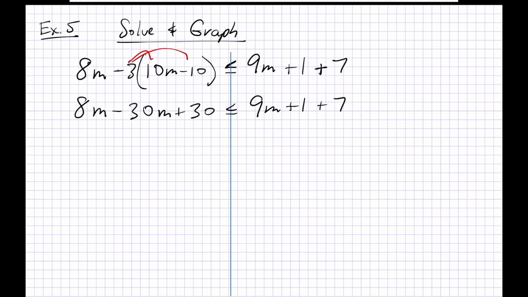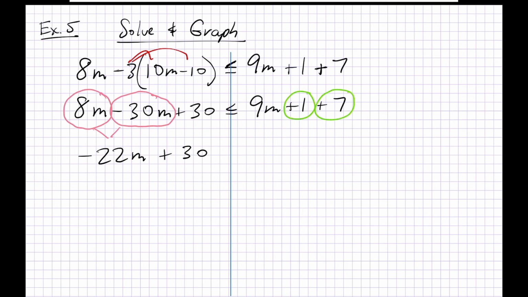I have like terms on one side, 8m, negative 30m. I don't have to do the opposite there because they're both on the same side. So I add those together and I get negative 22m. On the other side, I have these two like terms. I don't have to do the opposite since they're both on the same side. So when I add those together, I get positive 8.